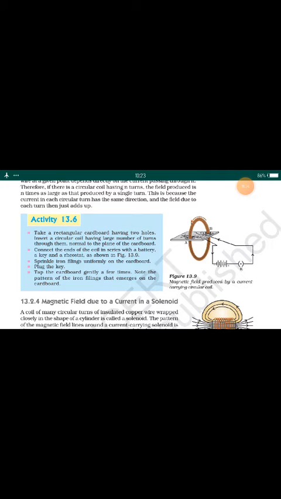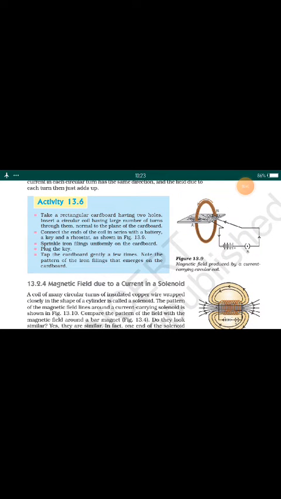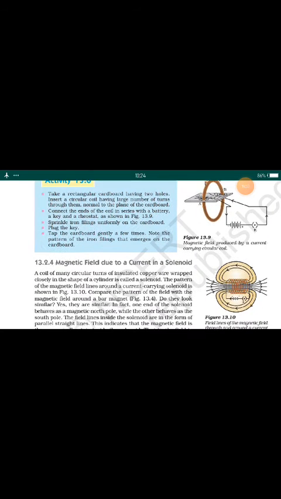एक्टिविटी यहाँ पे दी है. Activity 13.6: Take a rectangular cardboard having 2 holes. Insert a circular coil having large number of turns through them, normal to the plane of the cardboard.